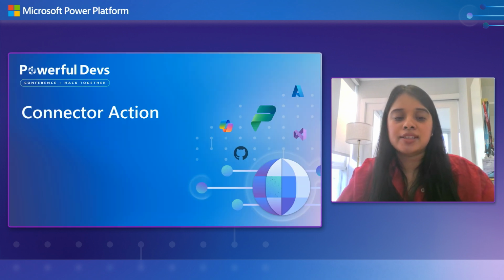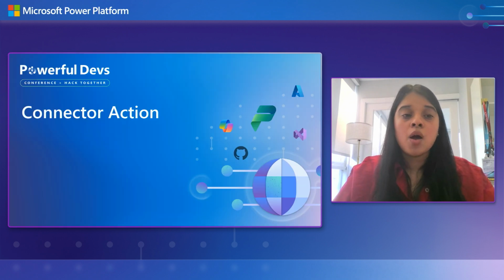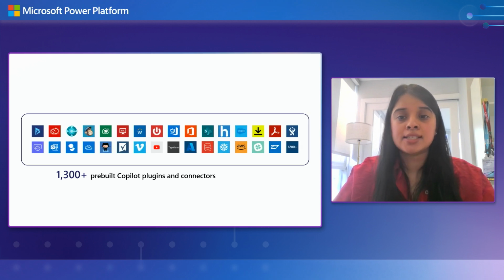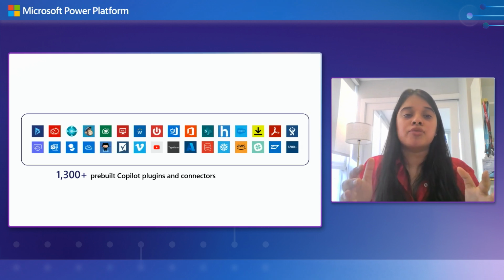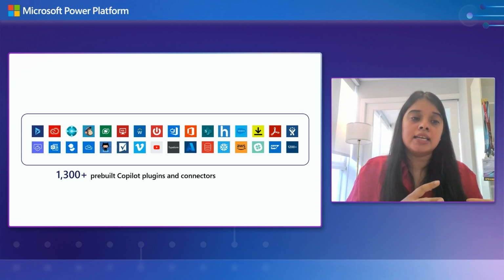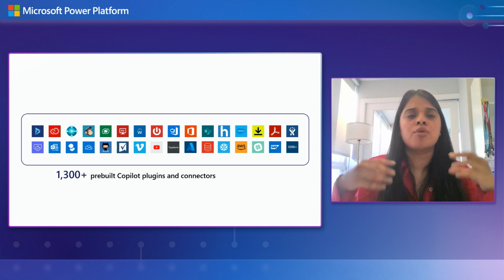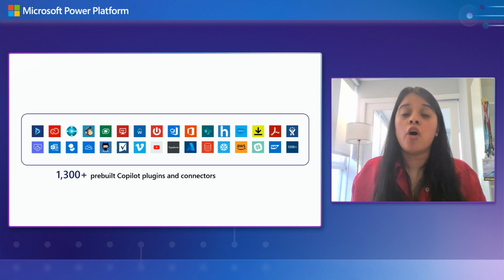Now, moving on to the next slide. What is connector action? Where does connector action come into place? We have an amazing experience of 1,300 plus connectors. They range from our first party connectors to our third party connectors like Salesforce and ServiceNow and a lot more.